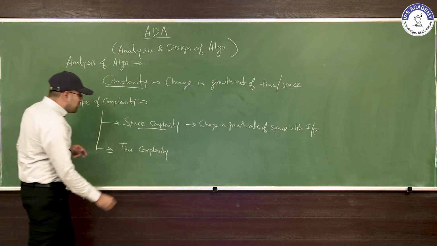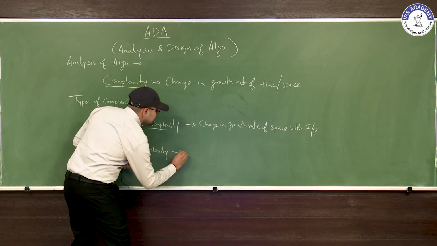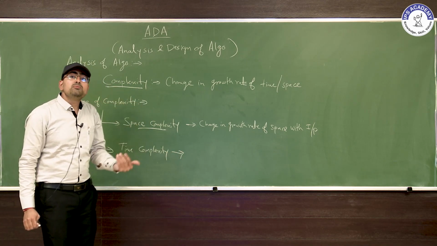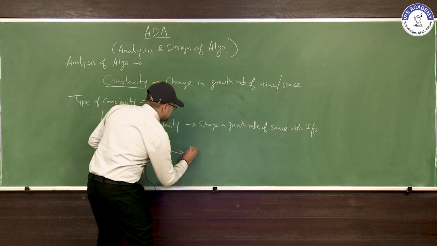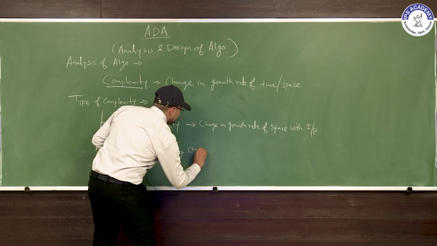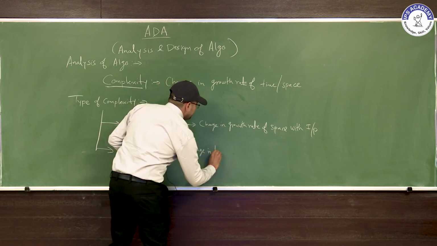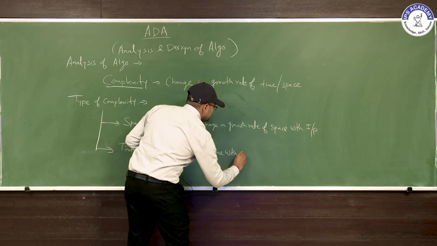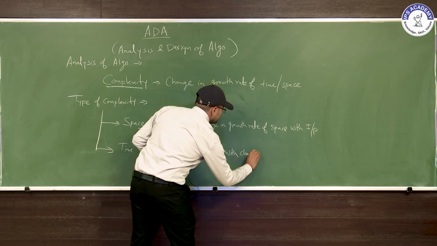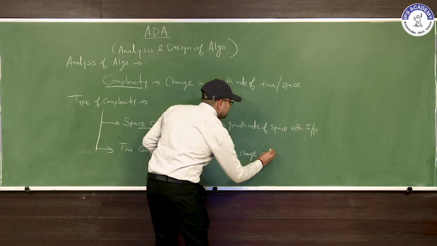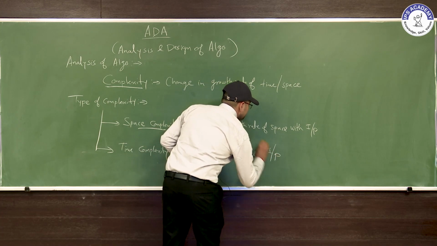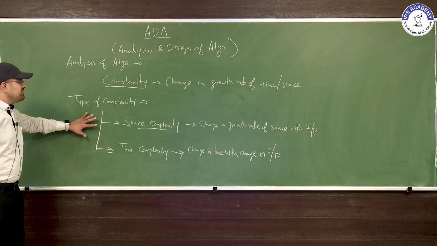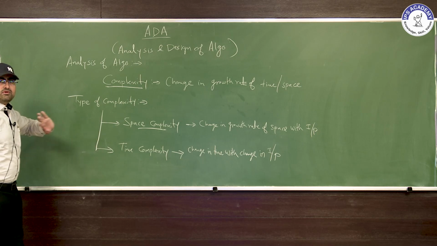Similarly, time complexity is the change in the time requirement with change in the input. So these are the two categories, space complexity and time complexity.